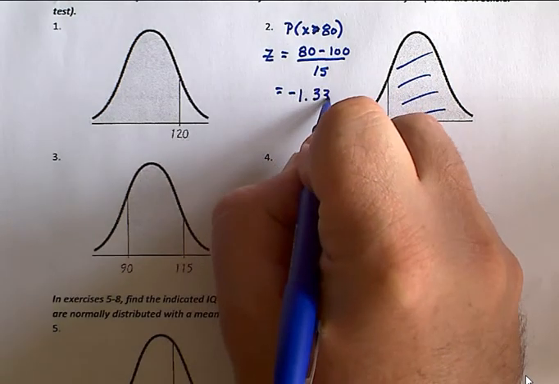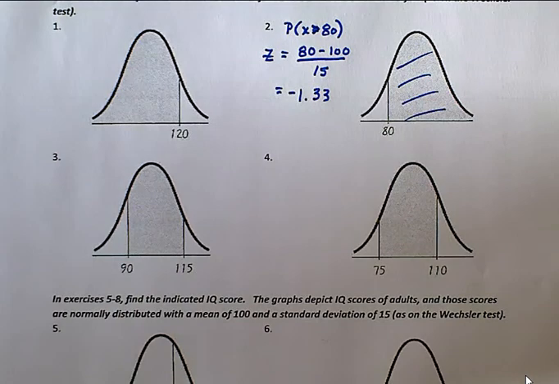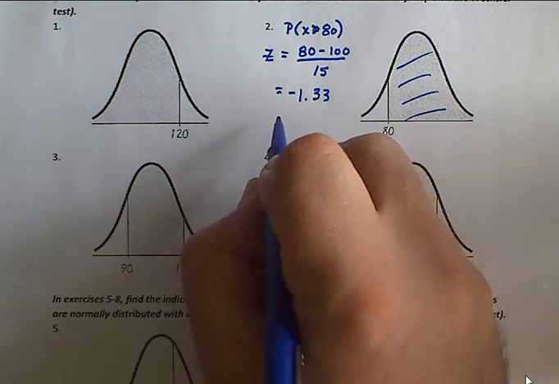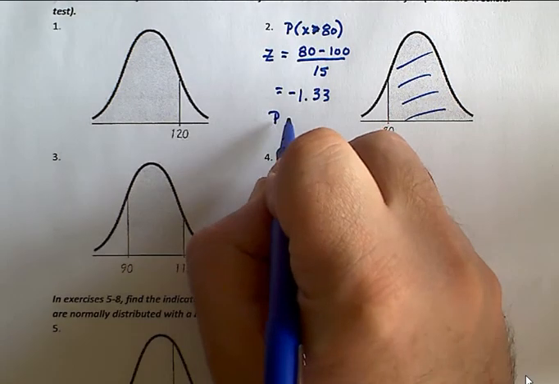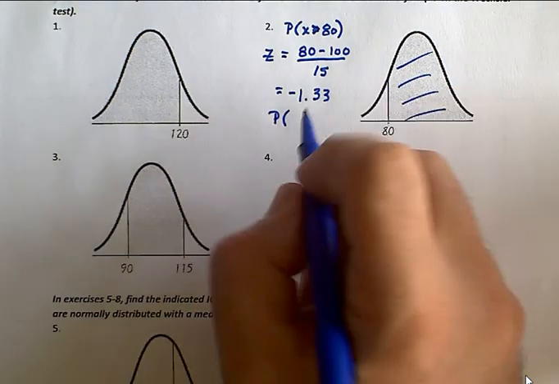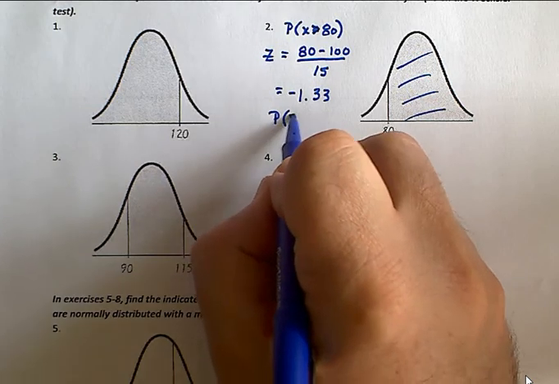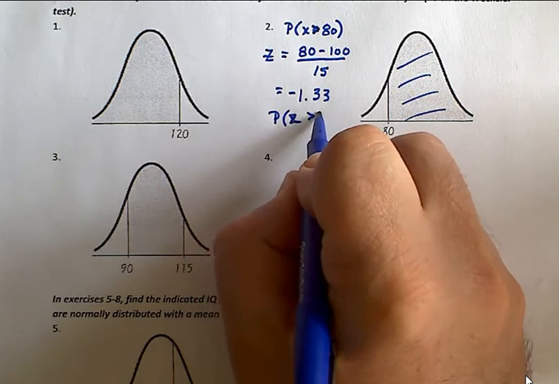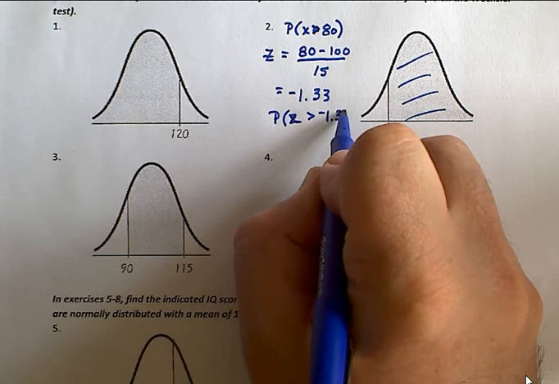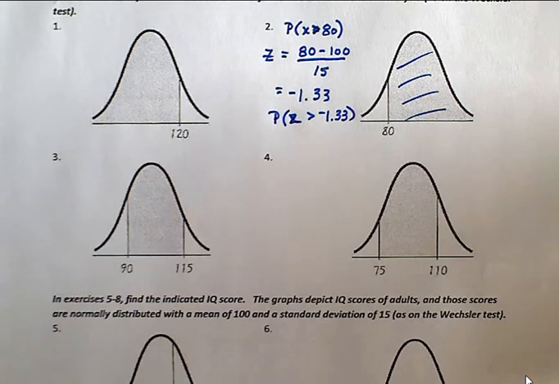You're going to round these to 2 decimal places. That's negative 1.33. That's my corresponding z-score to 80. So I want to find the probability that z is greater than negative 1.33. So now I'm going to go to my table.